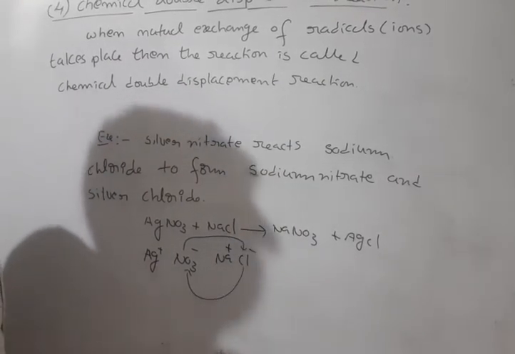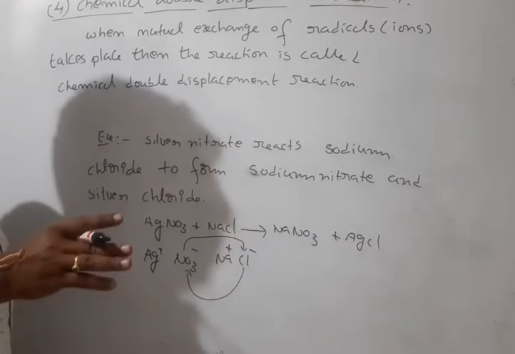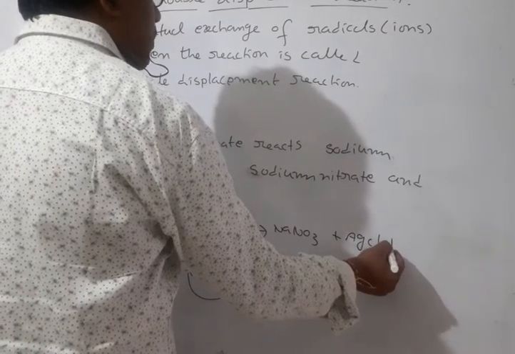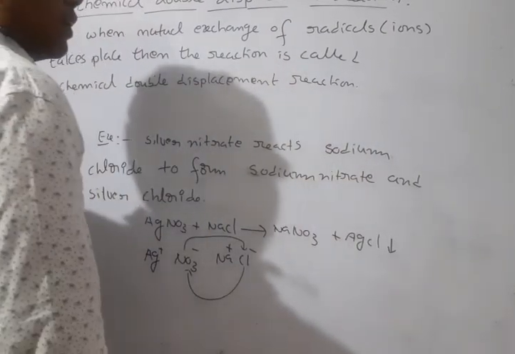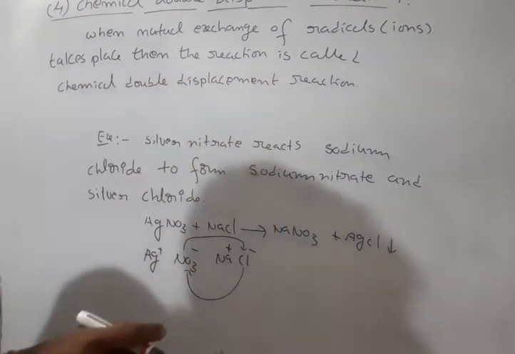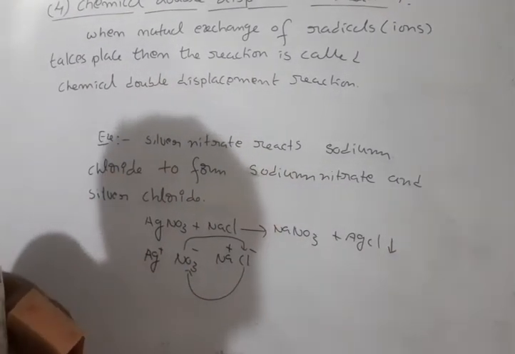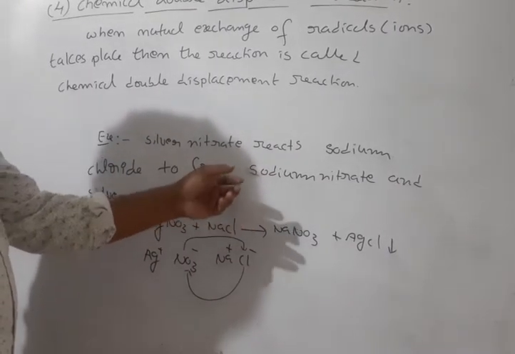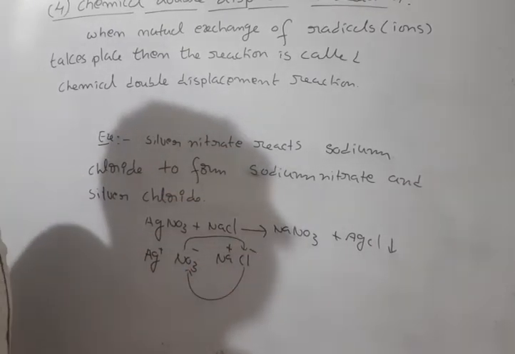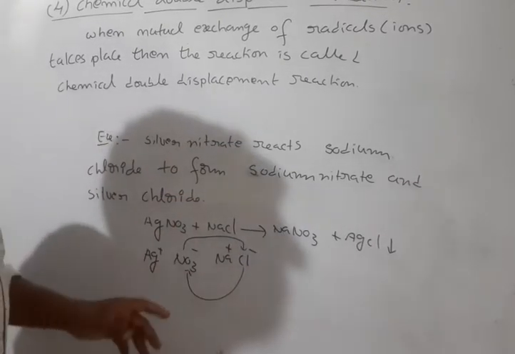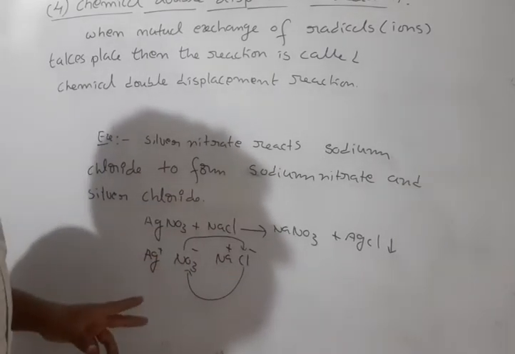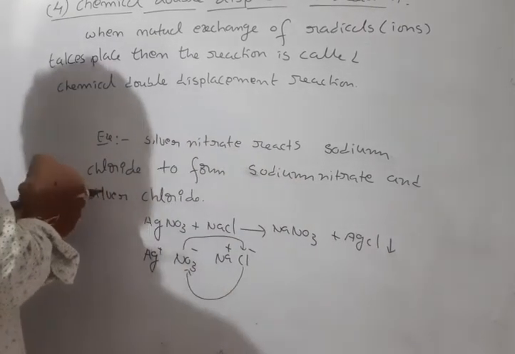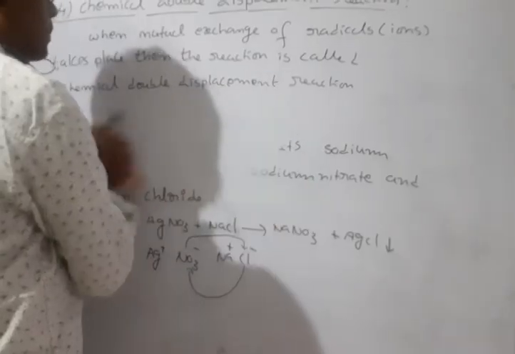One of them is precipitation reactions and the second one is neutralization reactions. Here we represent formation of a precipitate by using a downward arrow. So before that, I say simply what is a precipitate. A separate solid formed in a liquid, we call it a precipitate. If in a chemical reaction precipitate formation occurs, then that chemical reaction is called a precipitation reaction. So one of the types in chemical double displacement is precipitation reactions.